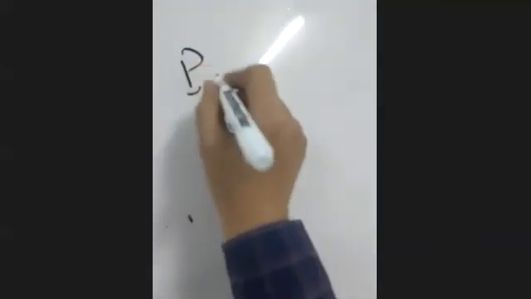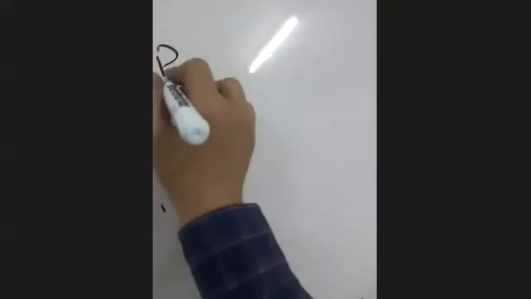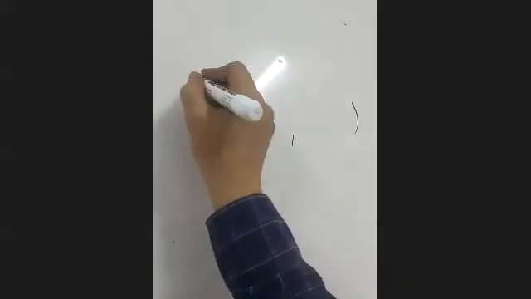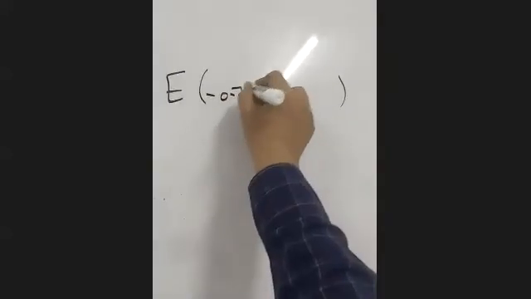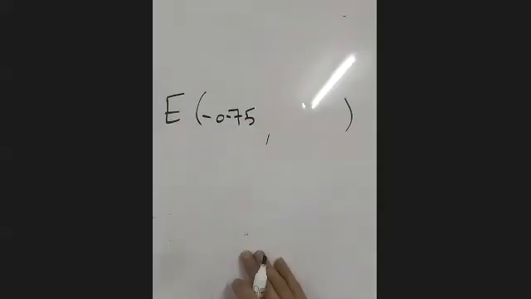Now we have 2 points, E and F, right? Yes. Come on, what's the coordinate of E? Quickly, Omar. Negative 0.75. Yes. And negative 0.25.